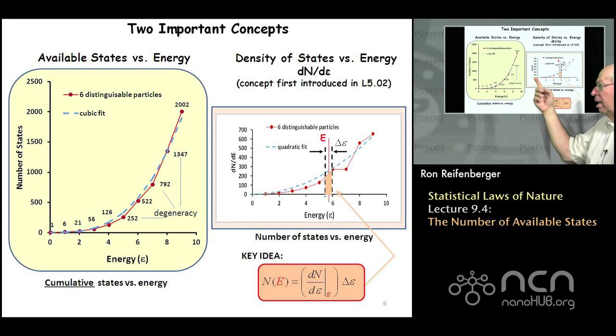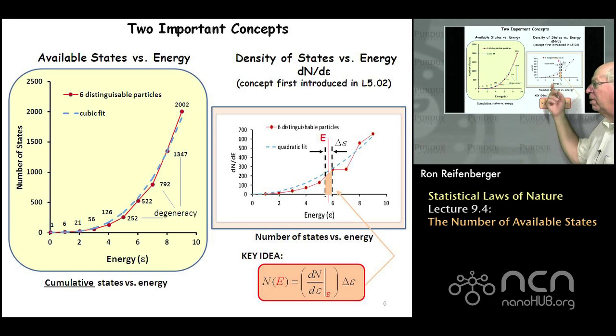And what I do is I just take the derivative of these discrete data points, and I get a curve that looks like these red dots. You can do a least squares fit. You can show that it's approximately fit by a quadratic equation.